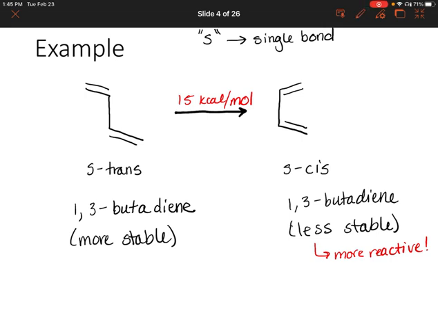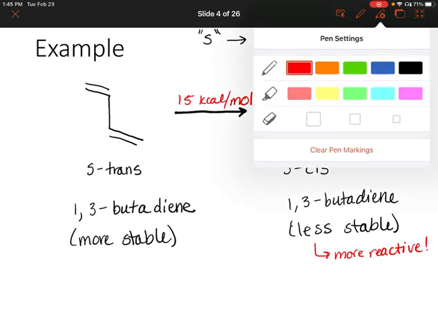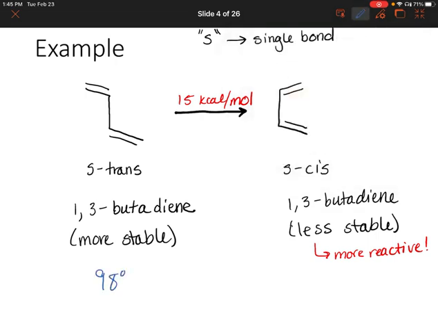This is something that's going to come up later when we're talking about pericyclic reactions, so just keep it in mind. Now, S-trans, because it is more stable, is 98% abundant, and S-cis is only 2% abundant. That's how stable the trans molecule is compared to the cis molecule.